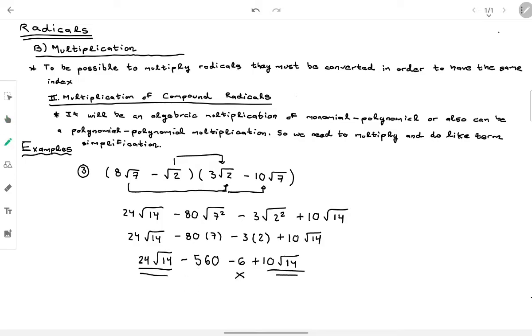And of course, this one and this one are like terms. So first we will put the one that has roots. So it's going to be 34, the square root of 14, minus 566. And this one is going to be our actual answer.